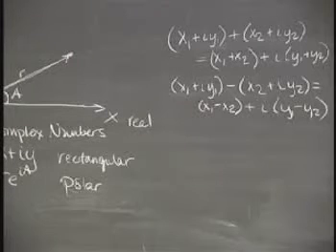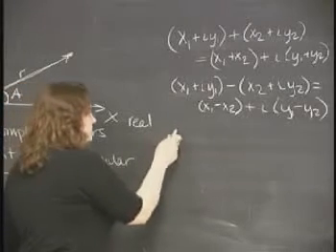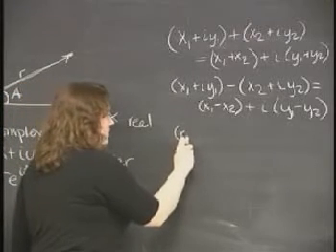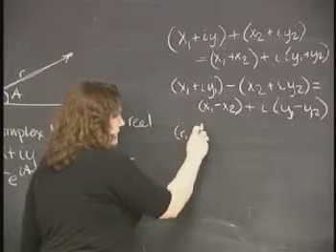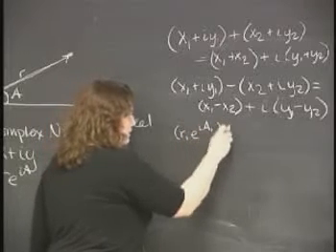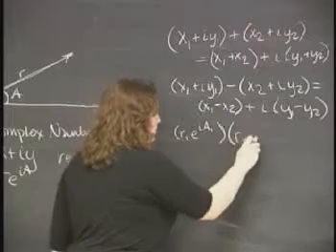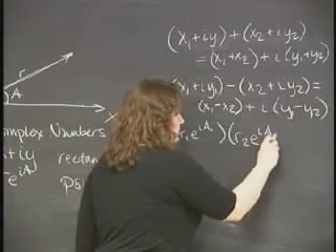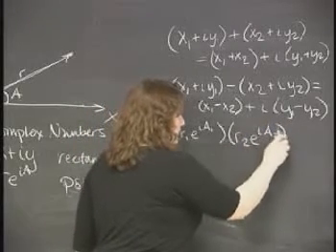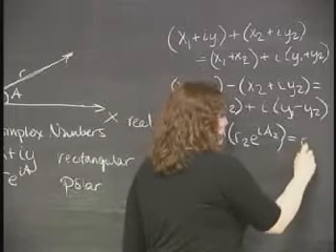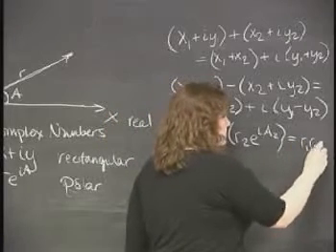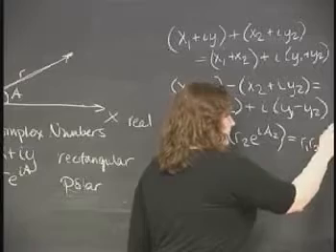Now, if we're going to multiply the numbers, which form is probably going to be easier to use? Polar. So if we've got two polar numbers, r1 e to the i a1 times r2 e to the i a2, that's going to be equal to r1 times r2 e to the i.